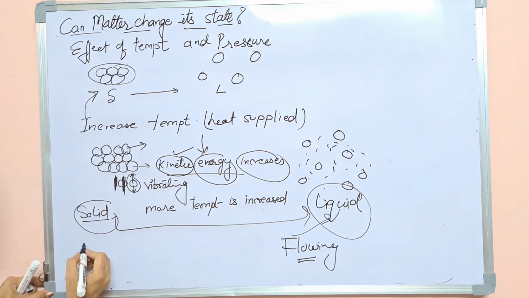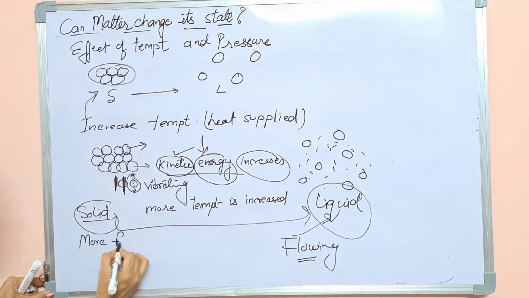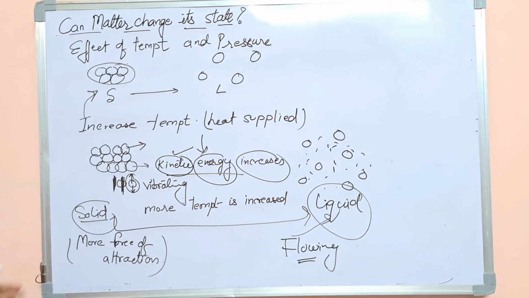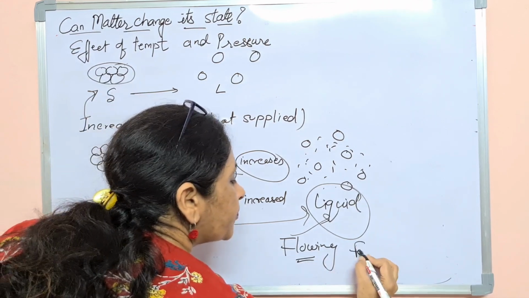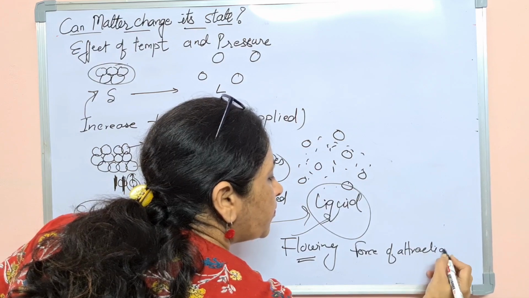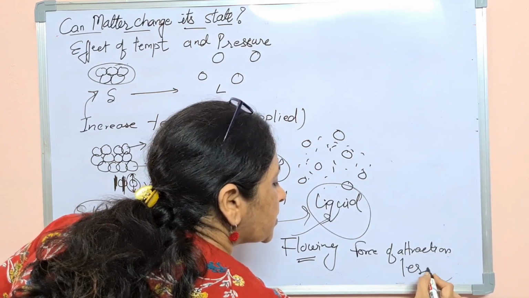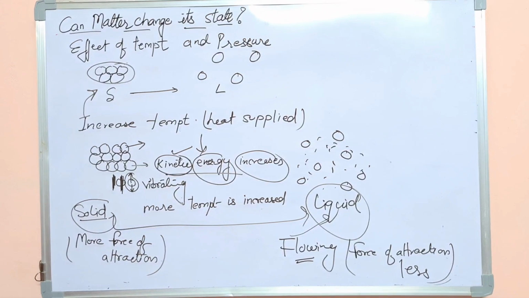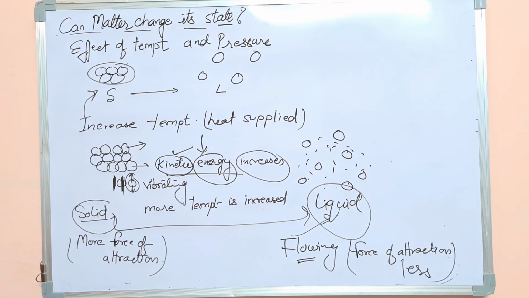So I can write down here also, in case of solid, more force of attraction. Force of attraction ज़्यादा है, but in case of liquid, force of attraction is less. That is why they are away from each other. So this is what happened at the time of the melting.